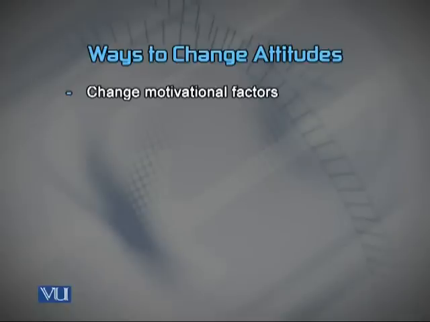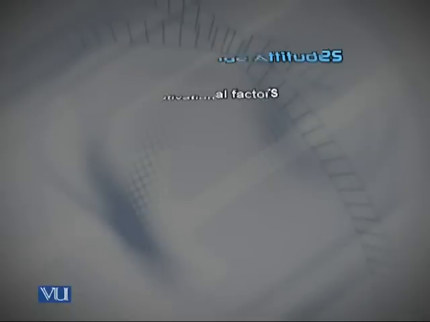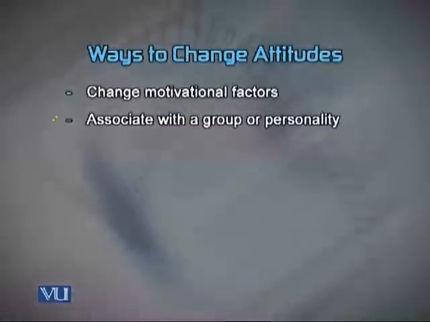We have already discussed that motivation is one area which forces a person to buy, and from there attitudes take place, or there is a motivation to have a particular attitude because of certain influences, and we can change those. The second method is when we associate the product or the attitude object with a particular group or a particular personality; we can bring change there too.